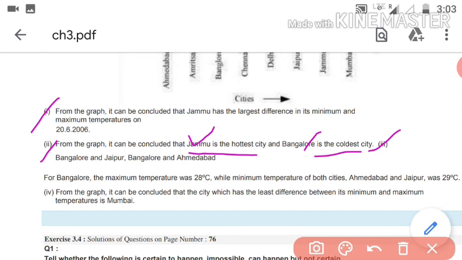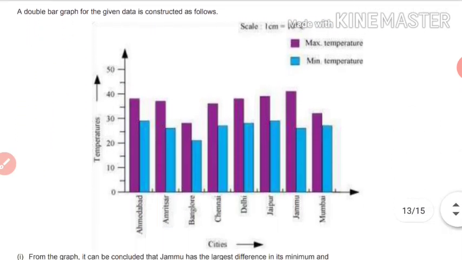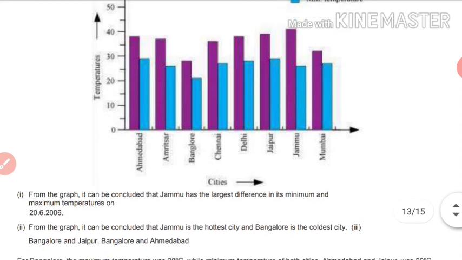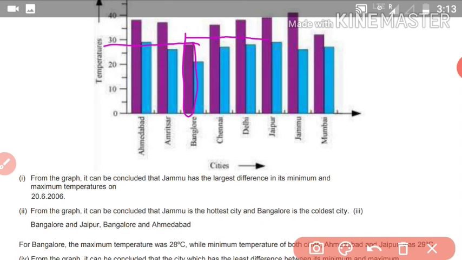Now third question. Name two cities where the maximum temperature of one was less than the minimum temperature of the other. So you can see this graph here. The maximum of Bengaluru is 28 and the minimum of Jaipur is 29.